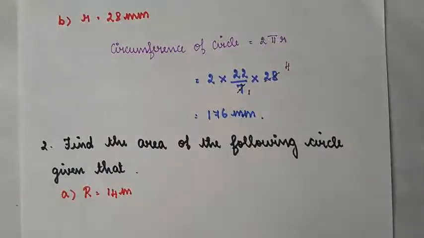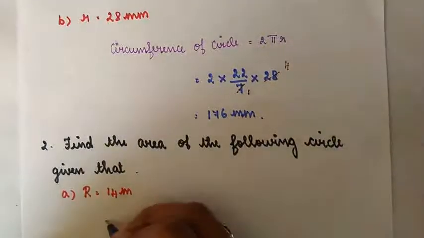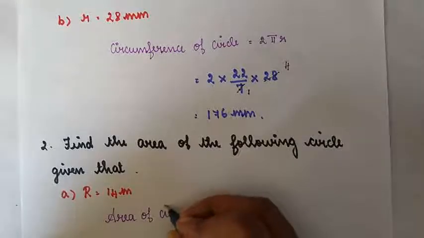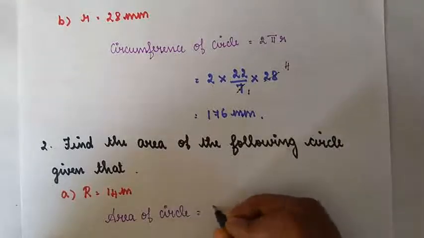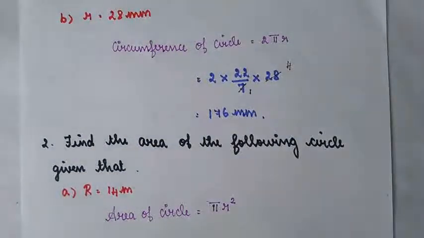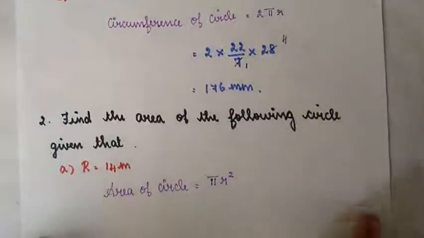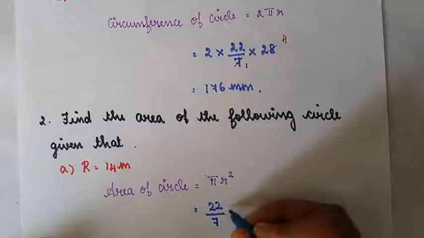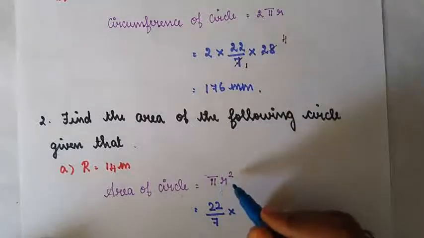So in this sum we have to calculate the area. How do we calculate the area of circle? First we have to write the formula for area. Area of circle equal to pi r square. Already we know the value of pi, 22 by 7. R square means r into r.